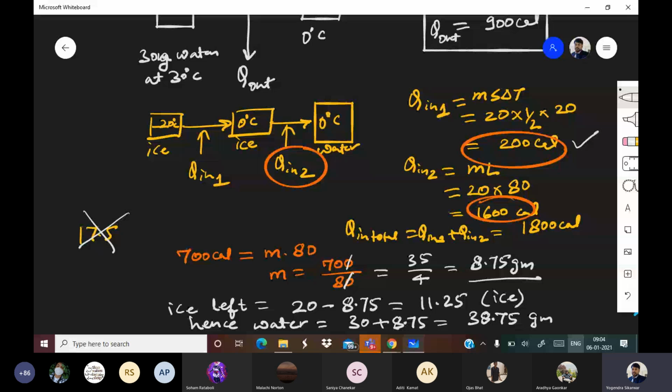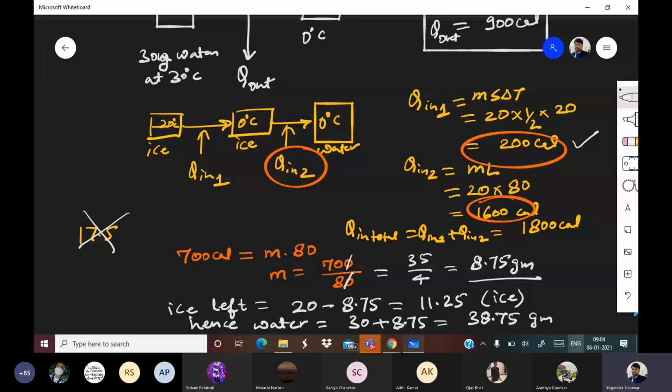Okay, so Tanmay is asking a question. Tanmay is saying, so sir, the temperature of the composition will be 0 degrees Celsius. Yes, Tanmay. Why? Because when two states are present, the temperature has to be 0.